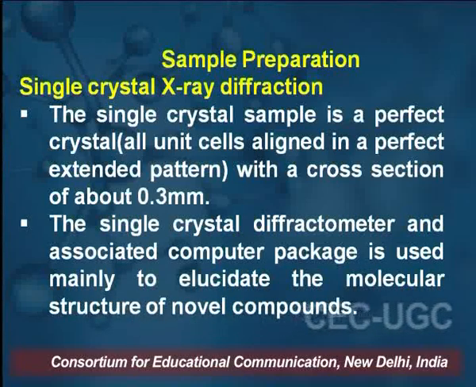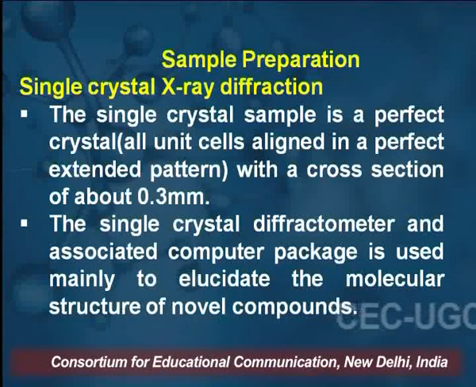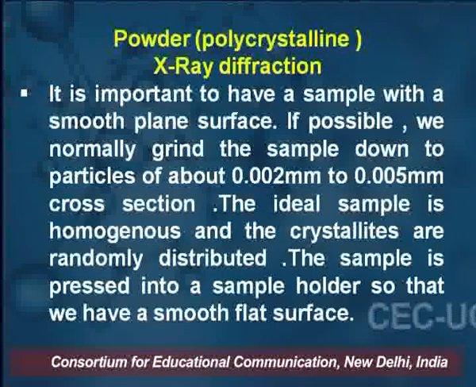The single crystal diffractometer and the associated computer package are used mainly to elucidate the molecular structure of a novel compound. We can use a mixture or a single crystal in the characterization of the sample.